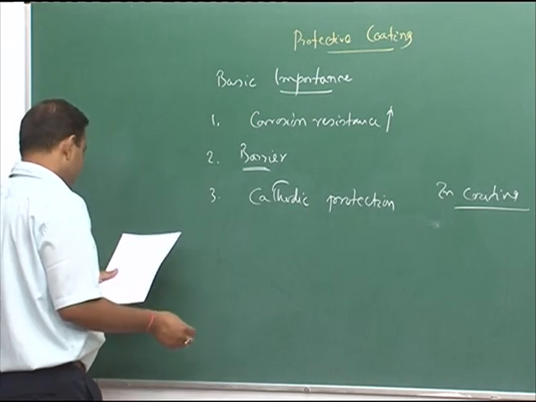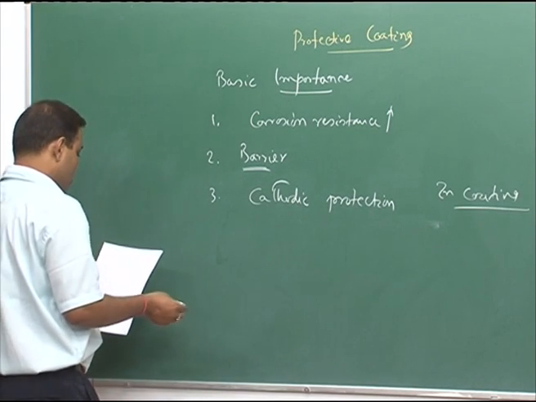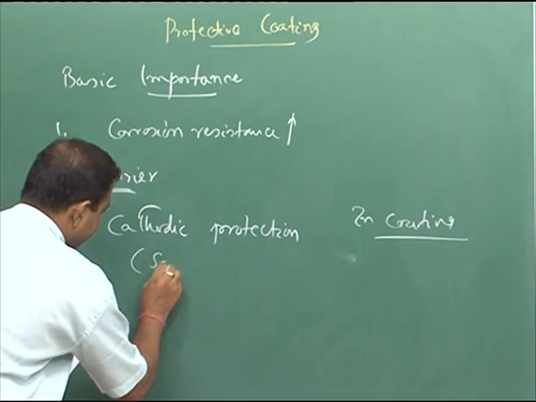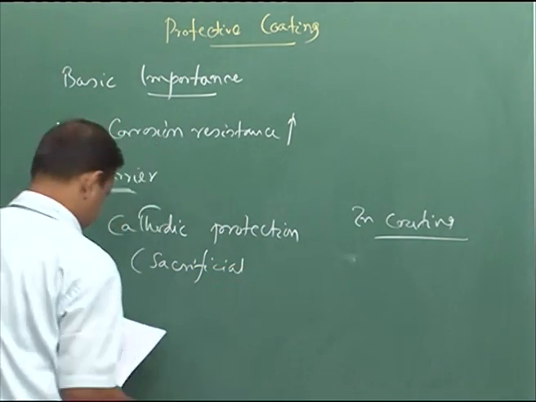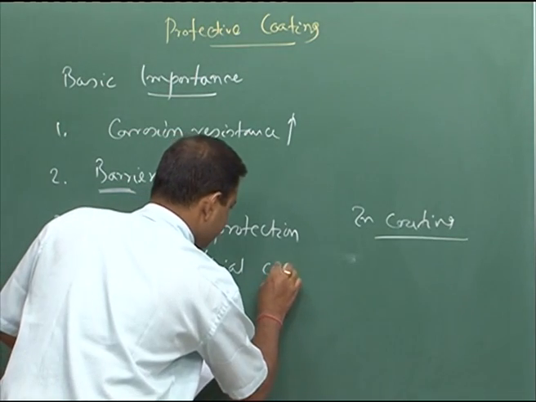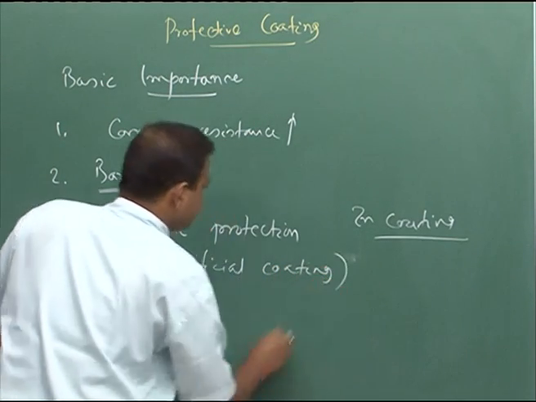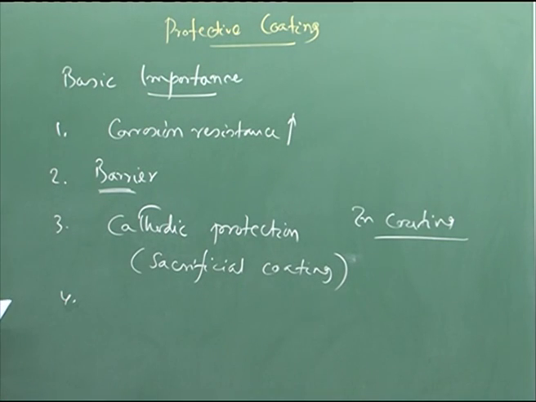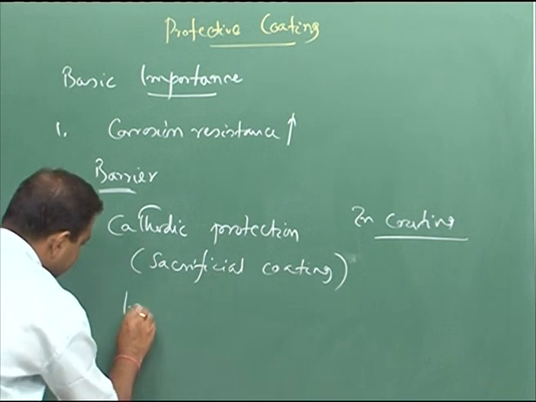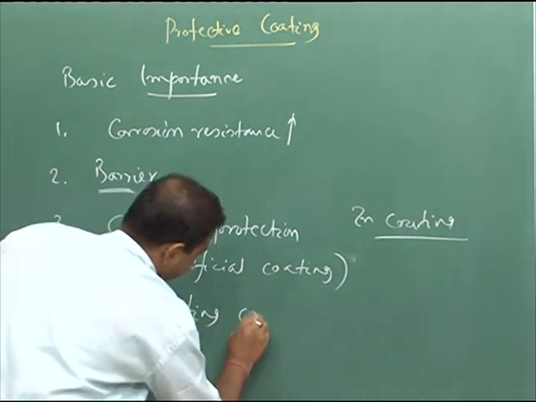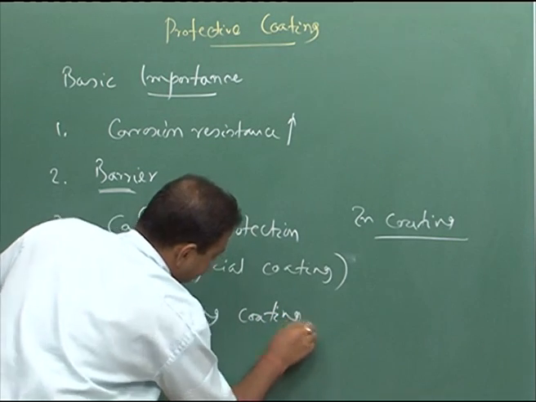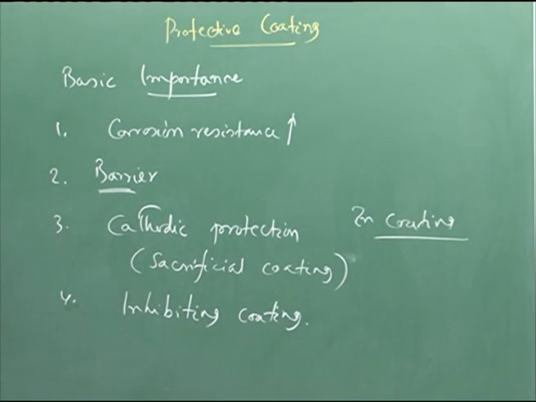So, cathodic protection it can do, cathodic type coating, or we call it sacrificial coating. Then we can also have inhibiting type of coating. So, they will have action just like an inhibitor.